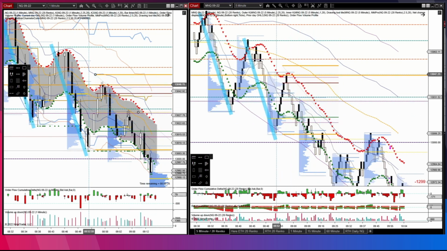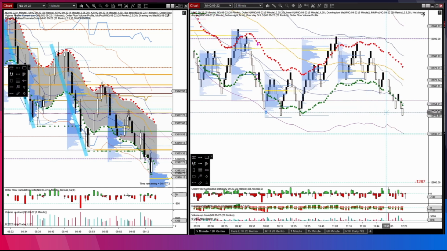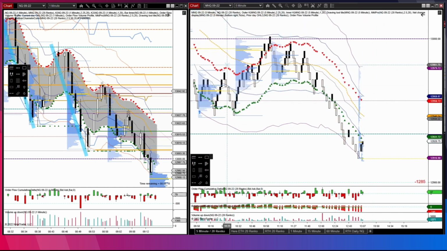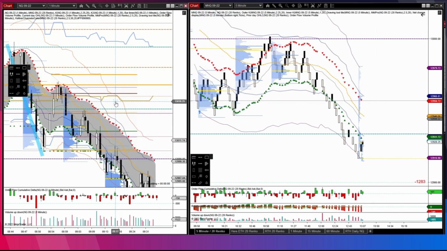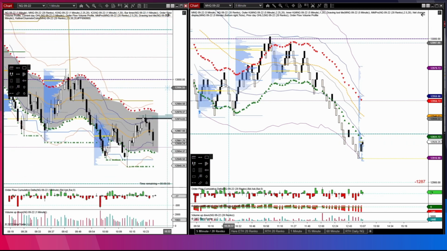I will try to lean on the upper channels to look for downward moves, or on the lower channels for upward moves. For example, in here, you can tell. I'll also, of course, set some levels.